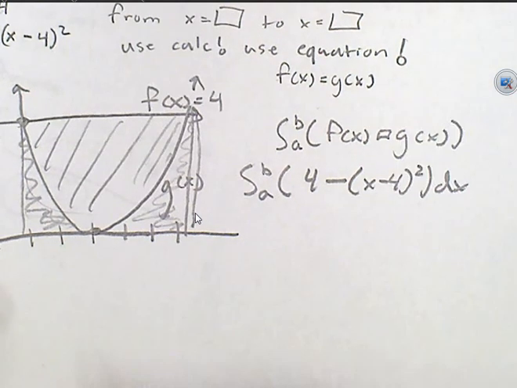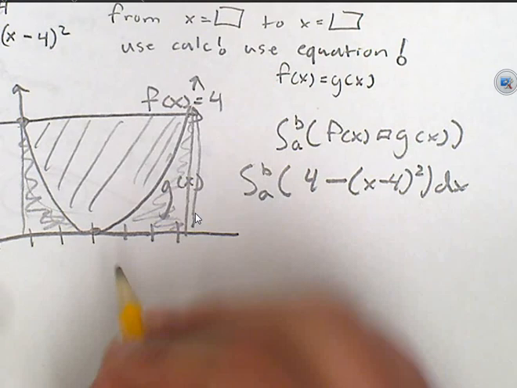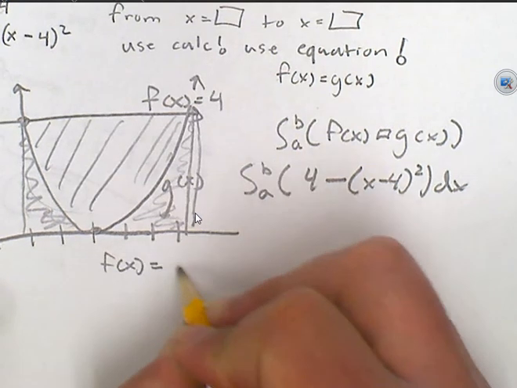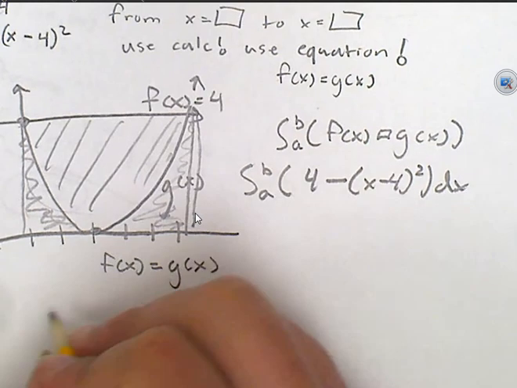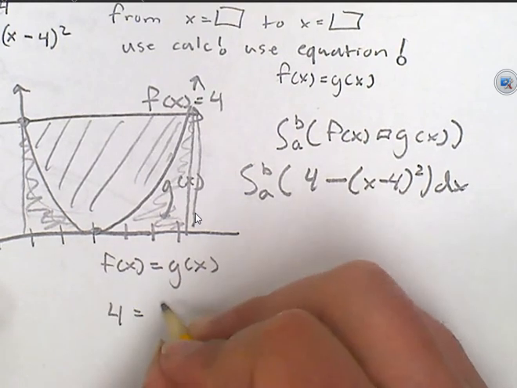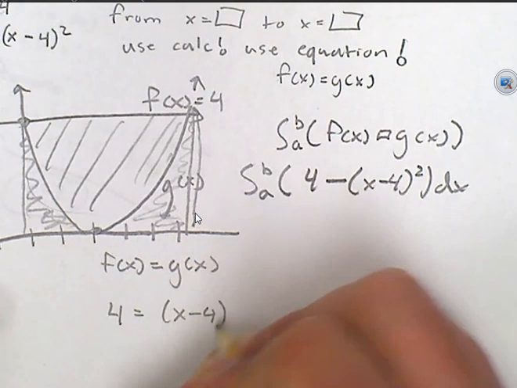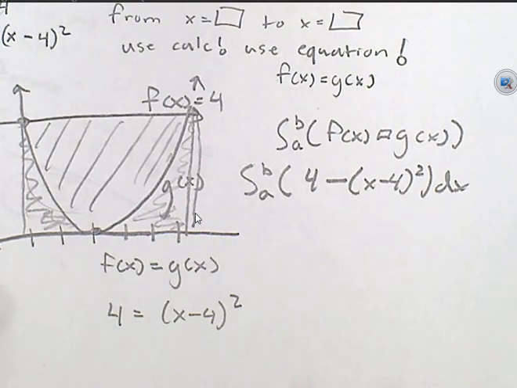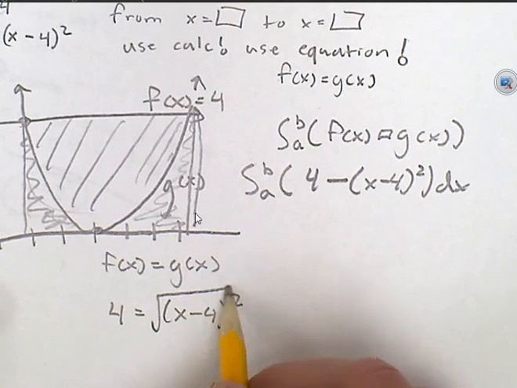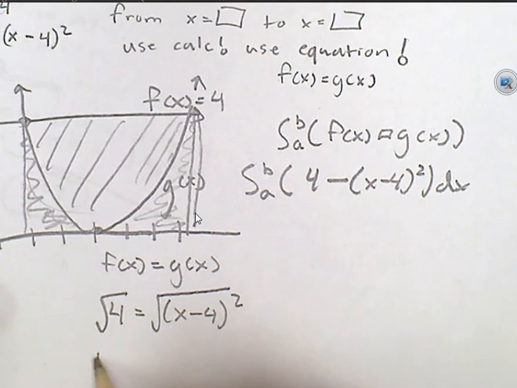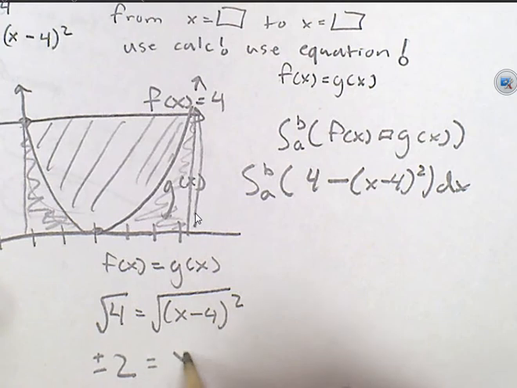So I need to find out where they intersect. They intersect at the solution of f of x equals g of x. So I set f of x, 4, equal to g of x, x minus 4 squared. There's a couple of ways to solve this. I can get rid of this square by square rooting: plus or minus 2 equals x minus 4.